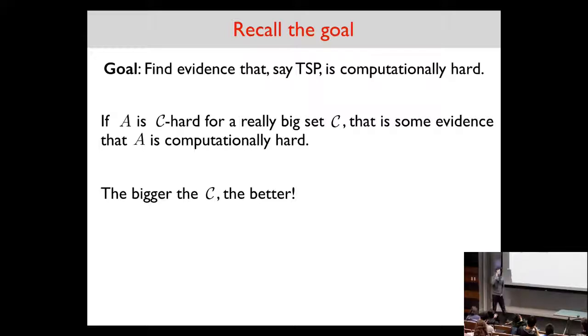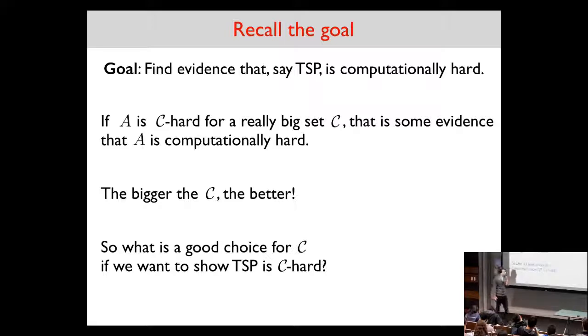And as we said, the bigger the C, the better. So we want to find this big class of problems C such that, let's say, TSP is C-hard. I don't know if that's even possible at this point, but that will be our goal nevertheless. So let's go for full glory.